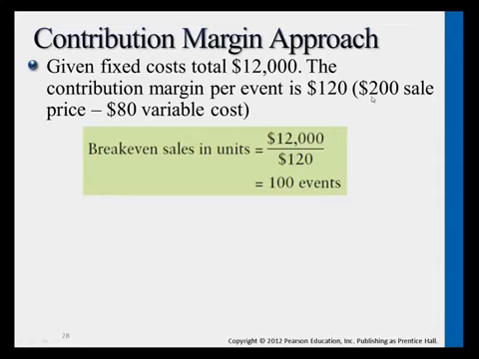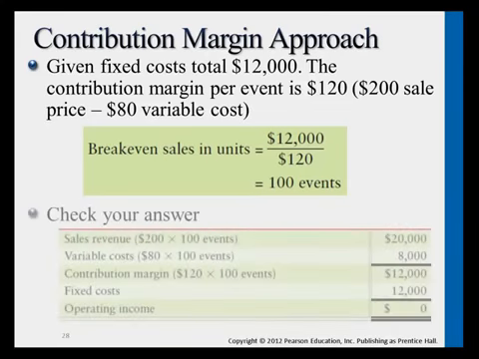Just to remind you, we said that the sale price is $200 and our variable cost is $80. So we subtract those two and we get the contribution margin per event. Okay, so how do we calculate the break-even sales units? 12,000 divided by 120, and here we find that to break even we need to book at least 100 events.